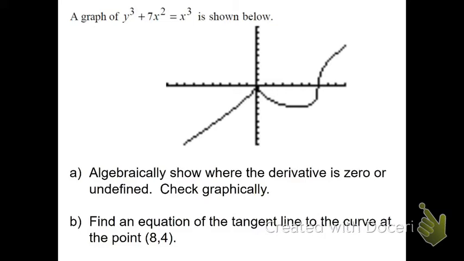Okay, so using implicit differentiation, 3y squared dy/dx plus 14x equals 3x squared. Get the dy/dx by itself, so I'm going to subtract 14x.